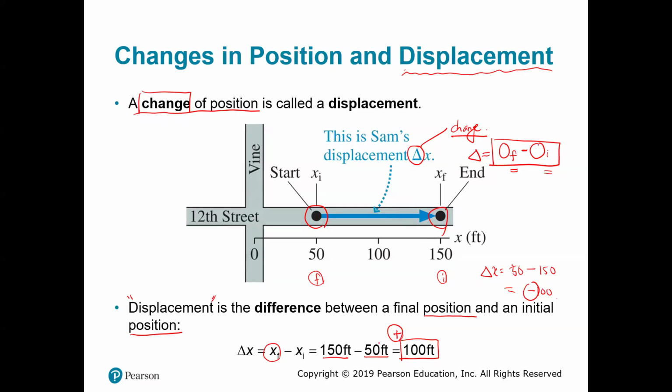What is the physical meaning of displacement? If the displacement sign is positive, the object is moving to the right. If the displacement sign is negative, the object is moving to the left.